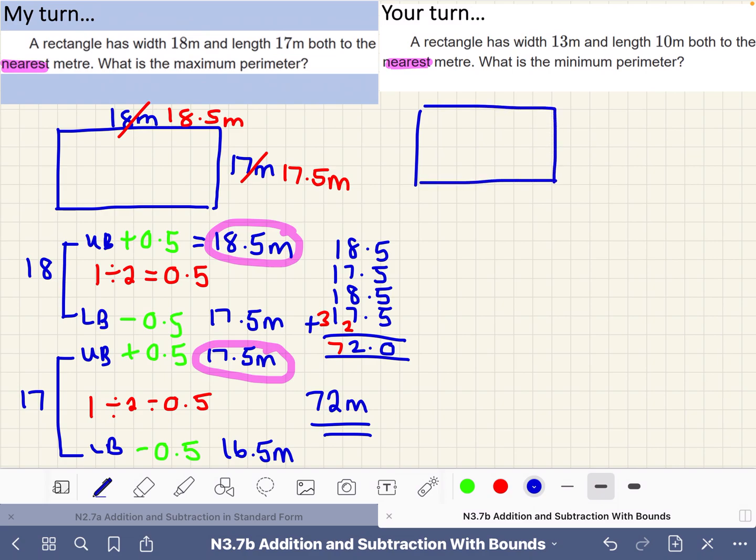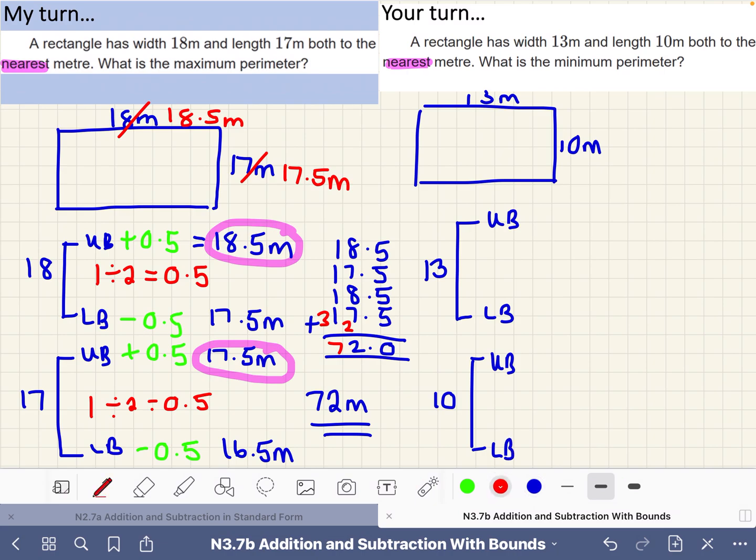We have a side of 13 metres here and a side of 10 metres there. Both have been rounded to the nearest metre, so we're looking for the upper and lower bounds for both of these values. So starting with our 13, we have an upper bound and a lower bound, and for the 10 we have an upper bound and a lower bound.